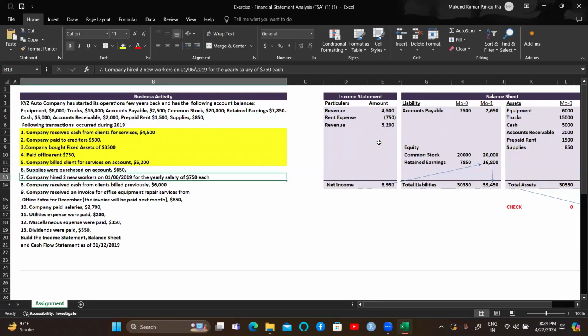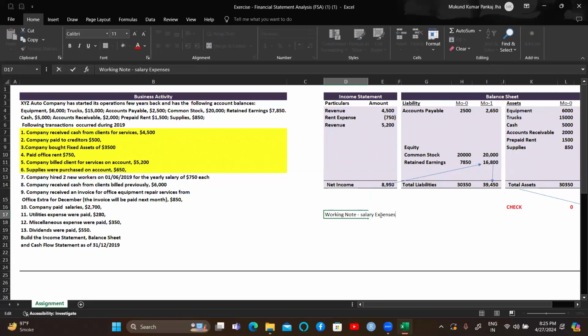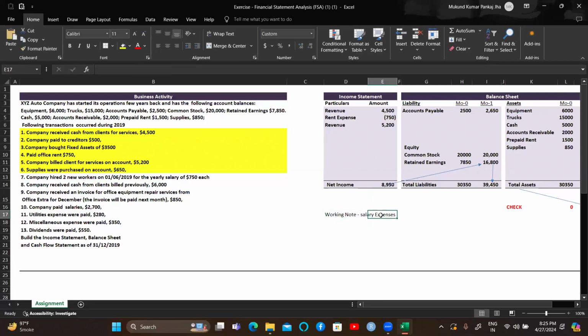Moreover, company hired 2 new workers on 1st June 2019 for yearly salary of 750 each. You will have to prepare a working note and give me the salary for the new workers.